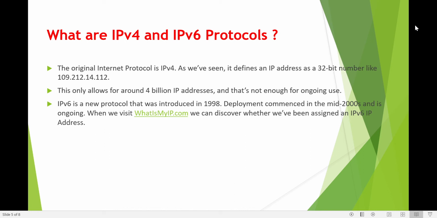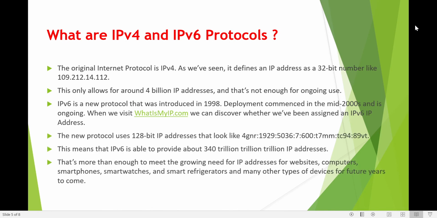When we visit whatismyip.com, we can discover whether we have been assigned an IPv6 address or not. The new protocol uses 128-bit IP addresses that look something like what is shown on the screen. This means that IPv6 is able to provide way more combinations than were possible in IPv4. This is more than enough to meet our growing need for IP addresses for websites, computers, smartphones, etc. for future years to come.